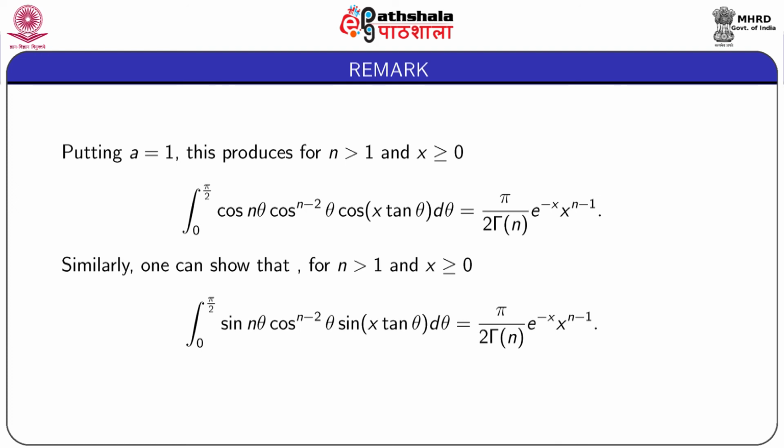Similarly, one can show that for n greater than 1 and x positive, integral from 0 to pi by 2 sin n theta cos to the power n minus 2 theta sin(x tan theta) d theta is equal to pi by 2 gamma n into e to the power minus x into x to the power n minus 1.